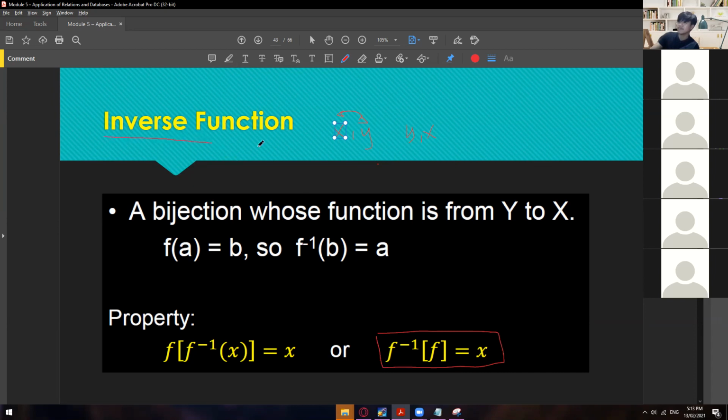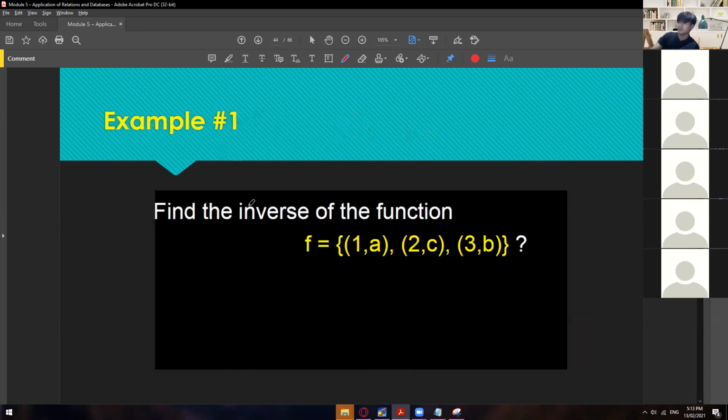All right, so let's have more examples when it comes to inverse function for you guys to understand what an inverse function is. Let's have this example number 1. When we say xy, and it's asking us to do the inverse of that function, we're going to have a yx. So this is the inverse function of this original function.